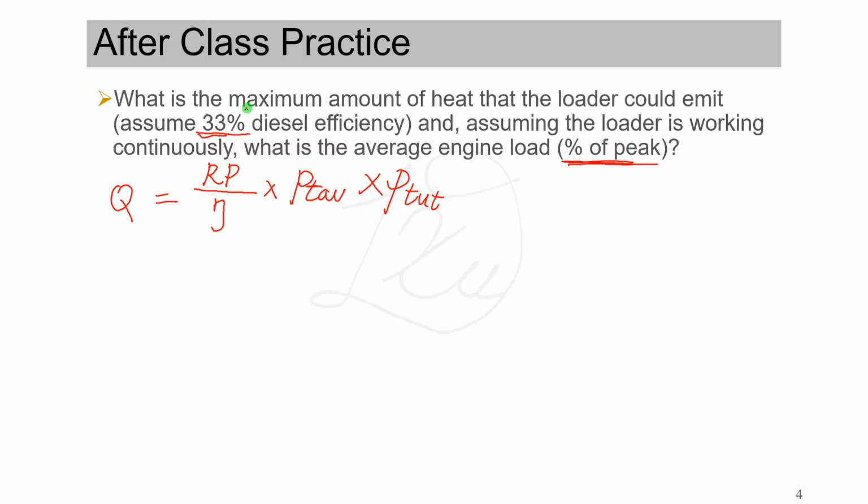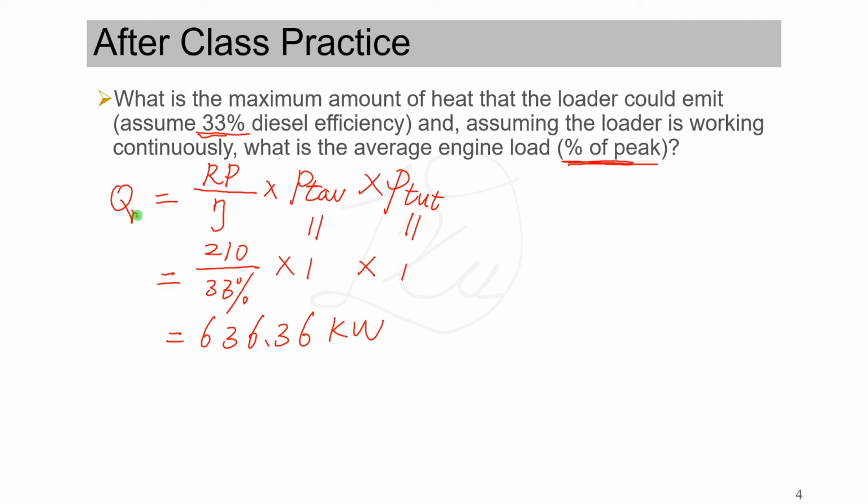To calculate the maximum heat that the loader could emit, the percent time available and the percent utilization will be the maximum of 1. Here the rated power is 210 divided by efficiency 33%, times 1, which equals 636.36 kilowatt. So this is the maximum heat that this loader can emit.